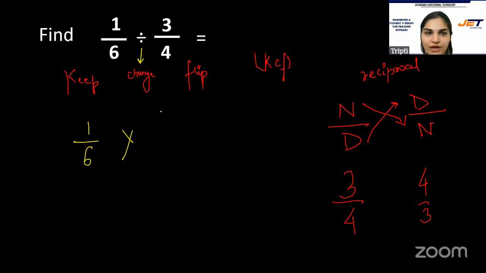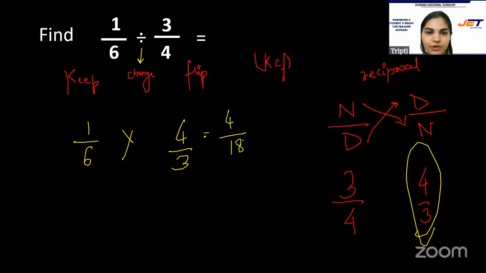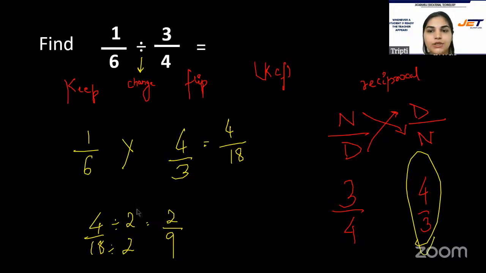Reciprocal of the second fraction, 3 by 4, will be written as 4 by 3 because we are doing the reciprocal. So now it is 1 by 6 times 4 by 3. It is 4 by 18. We can further simplify this fraction. 2 by 9 is the answer.